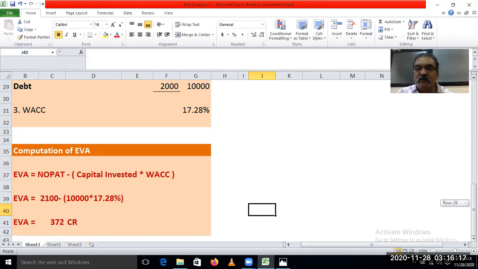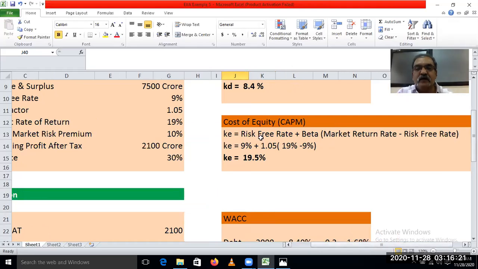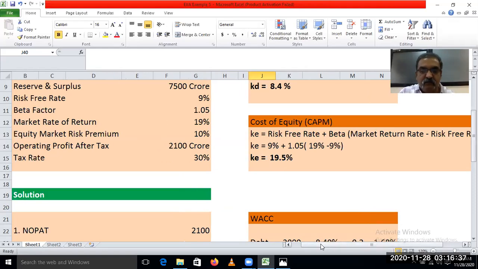In this example, we have seen a new thing, another approach of calculating cost of equity capital according to the CAPM theory. The formula is risk-free rate plus beta into market return rate minus risk-free rate. Which approach we select depends on the information available in the example.